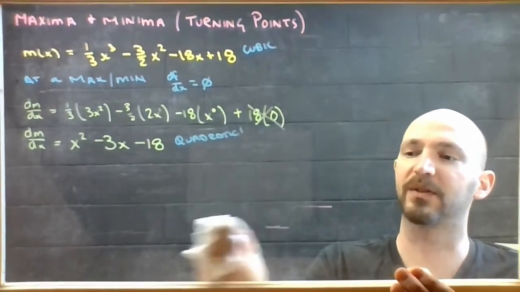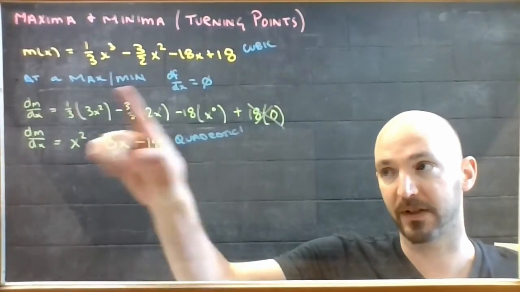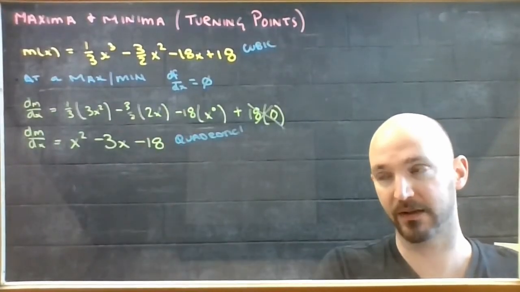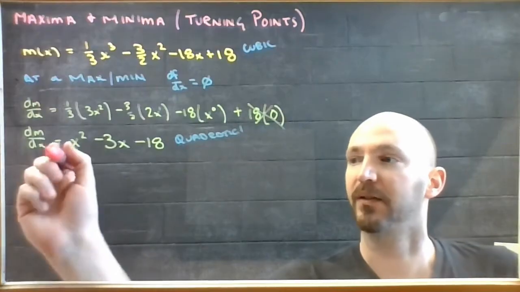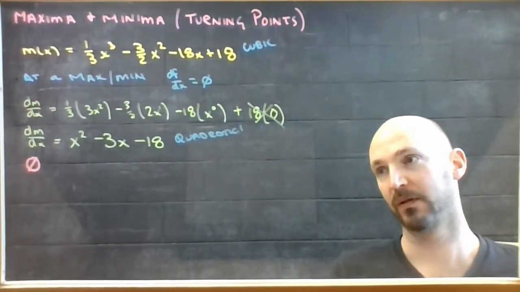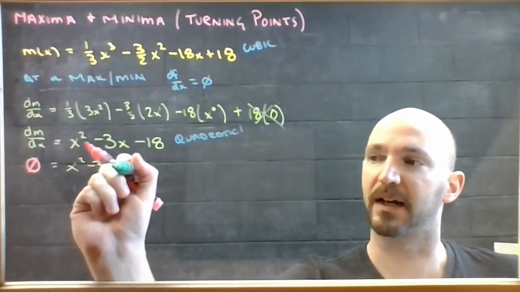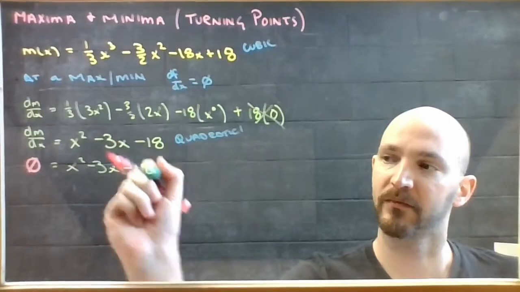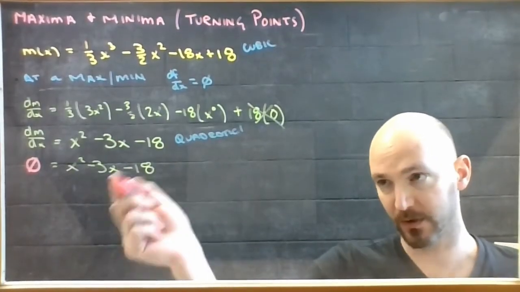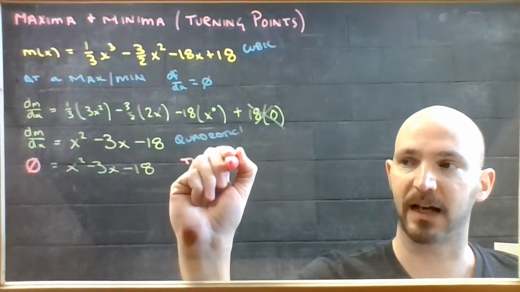So in order to actually find those places where the max and the min occur, I'm going to have to take my derivative and set it to 0. So 0 equals x squared minus 3x minus 18. The reason you're doing that is the curve is flat at a max or min.